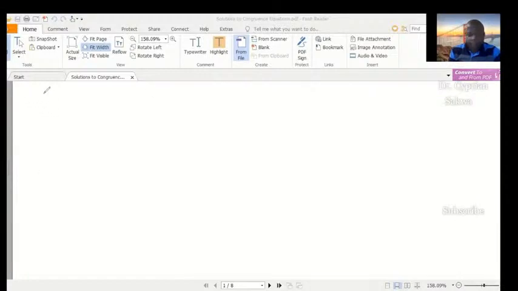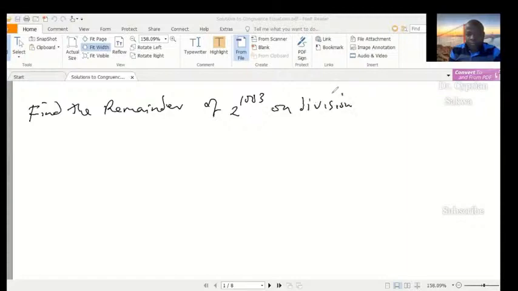The example is: find the remainder of 2 raised to 1,003 on division by 11.